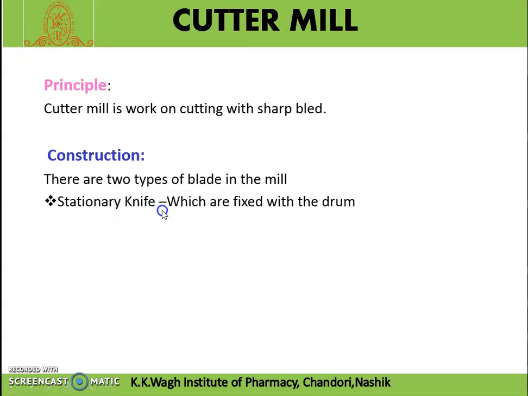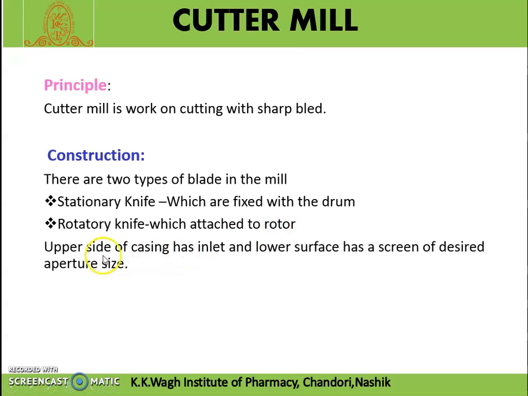First one is the stationary knives, which are fixed with the drum, and second are the rotary knives, which are attached to the rotor. The upper side of the casing has an inlet, and the lower surface has a screen of desired aperture size.